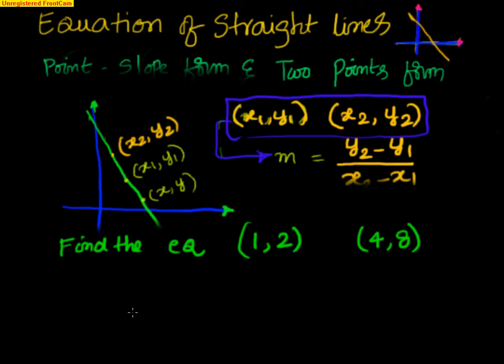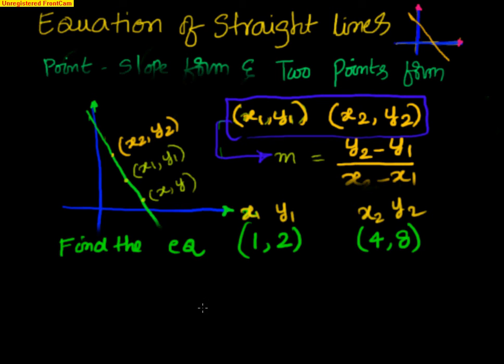You can pause the video and try this and you can again come back. Now we know the points. Let's calculate the slope, or you can directly substitute in the formula. Let's take this as x1, y1 and this as x2, y2.